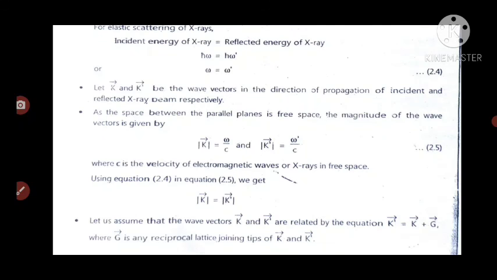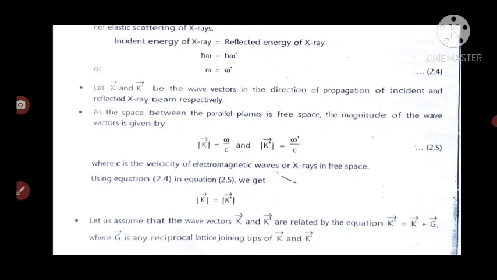The h cross gets cancelled, so omega is equal to omega prime, and the vectors k bar and k bar prime are the wave vectors giving the direction of propagation of the incident and reflected X-ray. The space between the parallel planes is free space, so the magnitude is given by mod of k bar equal to omega by c, and mod of k bar prime equal to omega prime by c.